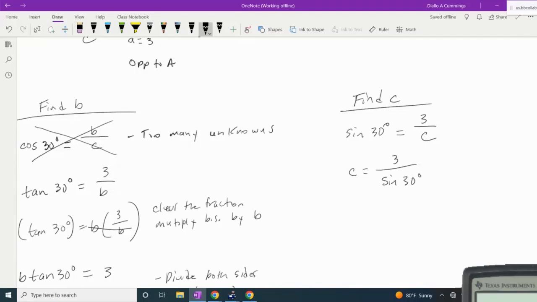I multiply both sides by C, so the C's cancel, and then I divide by the sine of 30. So we're going to do the same thing. I'm going to look at the unit circle function values and find the sine of 30, and then we're going to simplify.